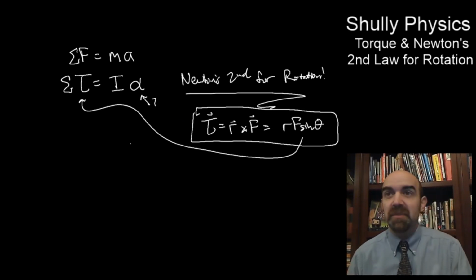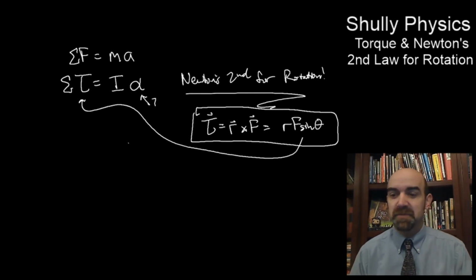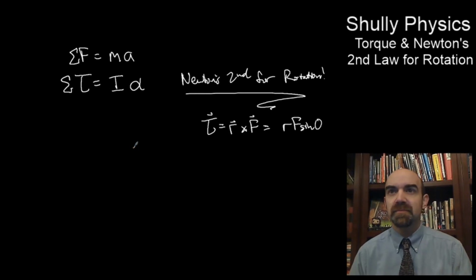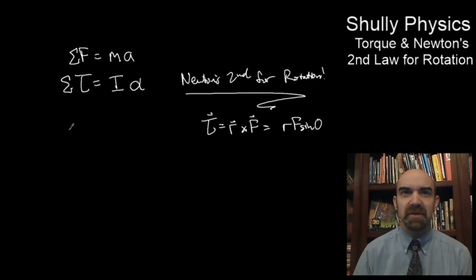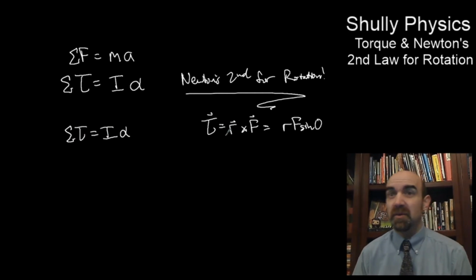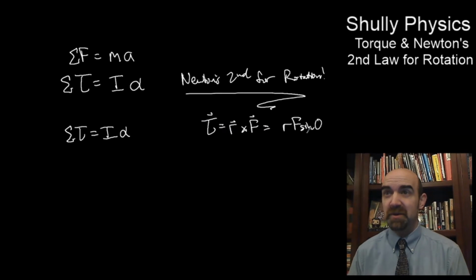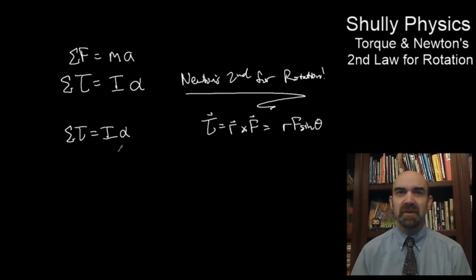At this time, I'd like to talk about the units of torque. Okay, I've got two forms of it. We got net torque equals I alpha, and we got the generic torque equals RF sine theta. All right, so what are the units going to be?